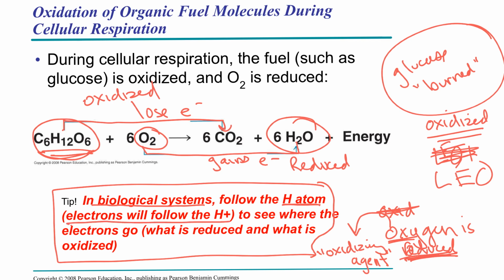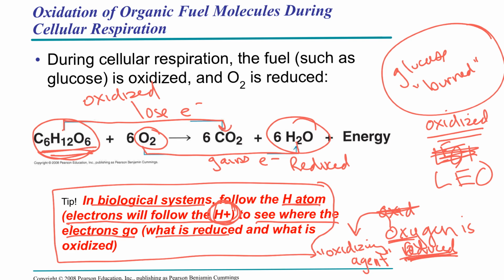Electrons will follow hydrogen protons. Where are hydrogen protons? They're all over the place. They're ubiquitous in living systems because we're always in a water environment. So in order to see where the electrons go, what is reduced and what is oxidized, follow the hydrogens. All right, so let's look for a second.